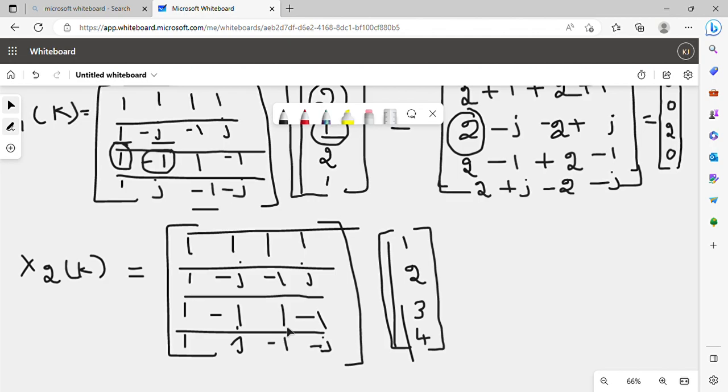For these two also, you're supposed to do the same, right? So if you do that, you're going to get the resultant as, just a minute, students.